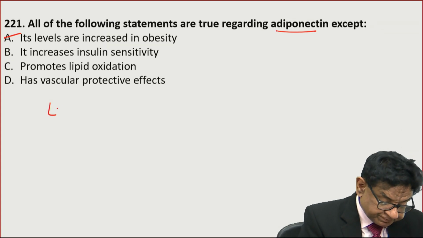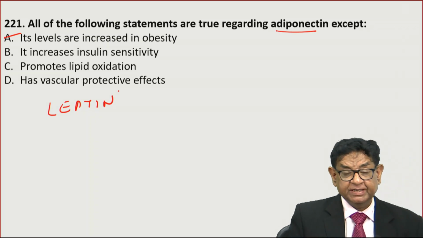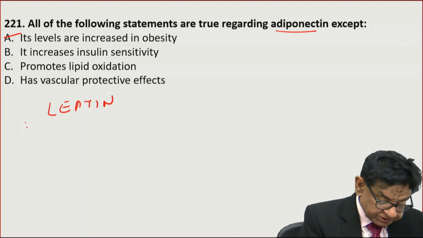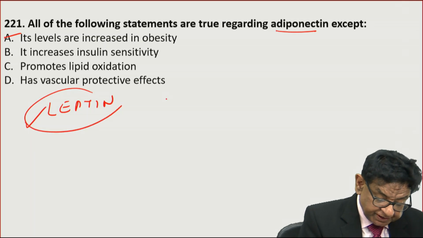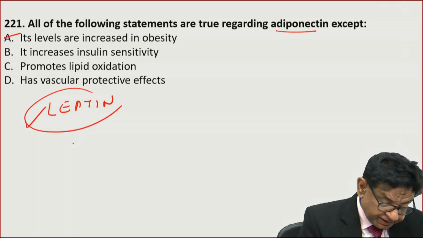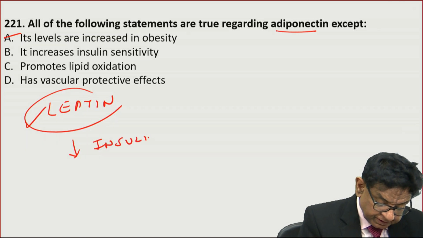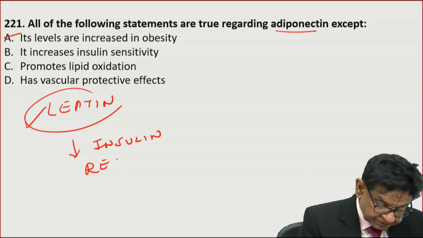One is leptin and the other is adiponectin. These two molecules reduce insulin resistance.